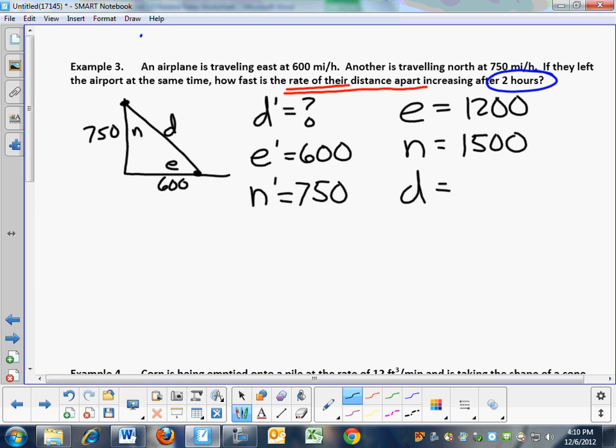How would I figure out how far apart they are? Well, I can use the Pythagorean theorem. That's going to serve as the foundation for this problem. Namely, that d squared is equal to n squared plus e squared. Using that, we can figure out that the current distance apart is approximately 1,920.93.